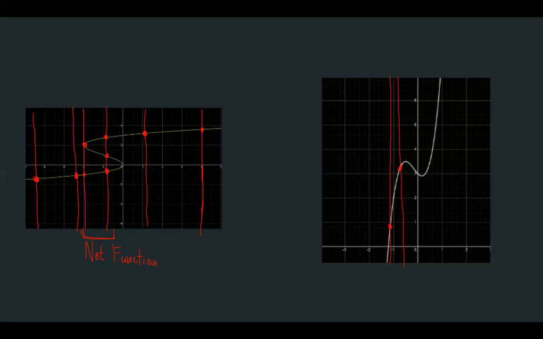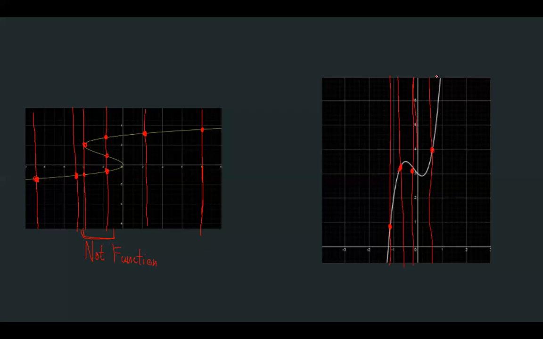This one still connects to one point. If I do this thoroughly, like this one, it will still connect to only one point as well. So let me continuously do that. Okay. It still connects to one point.